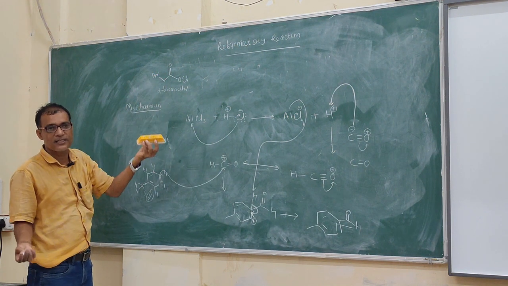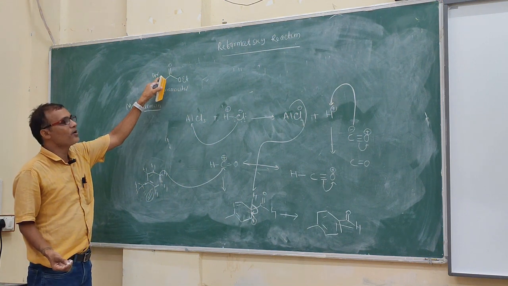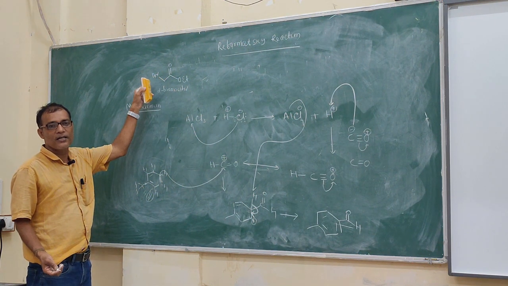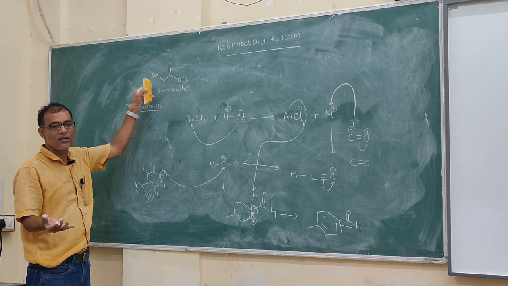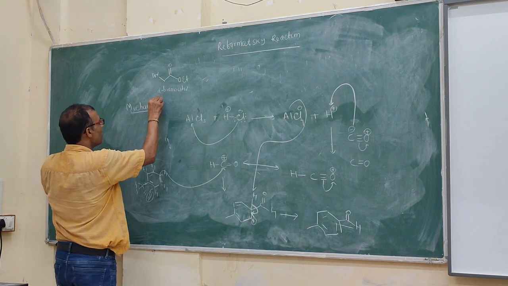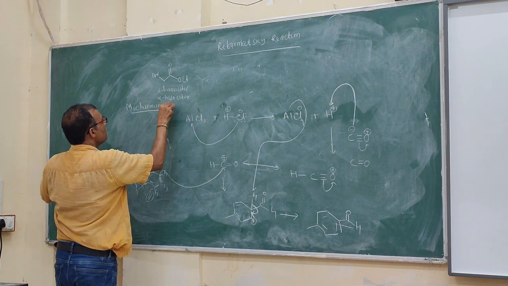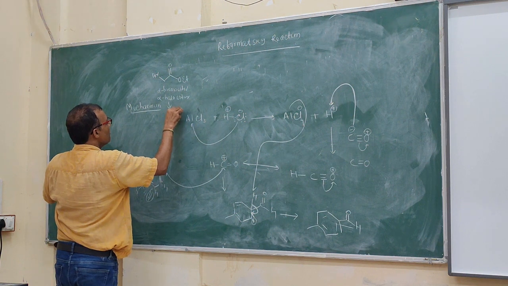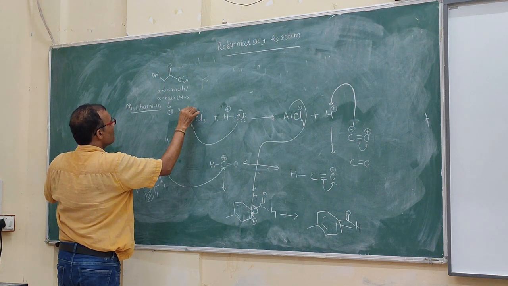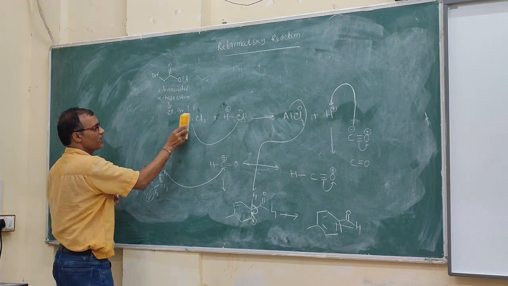So alpha bromo ethyl acetate, or simply I can call it alpha bromo ester. Or instead of bromine, you can put chlorine and iodine also. You can call it normally alpha halo ester. Halo means this may be chlorine, bromine, iodine. But normally bromine is good for this type of reaction.